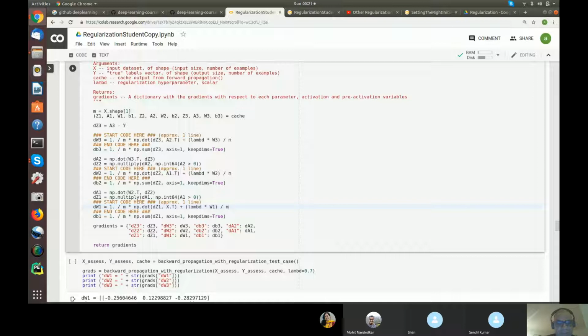So essentially, we can see that the derivative of the weights with respect to the loss function now has a new component, which is going to force the W's to become smaller.